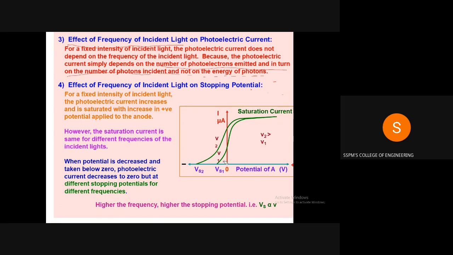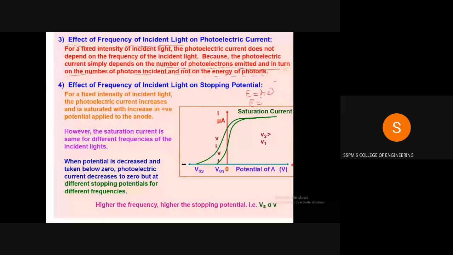Okay, for a single photon, E equals to h nu. But for n number of photons, because we are saying that a stream of photons is nothing but radiation. What is h?